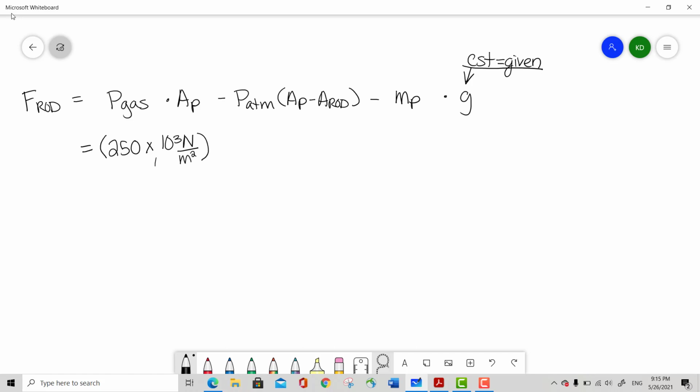Okay, this is our conversion for units. Times, what is the area of the piston? We just solved for it. You see how we're getting meters squared, meters squared? Okay. So here's our area of the piston.